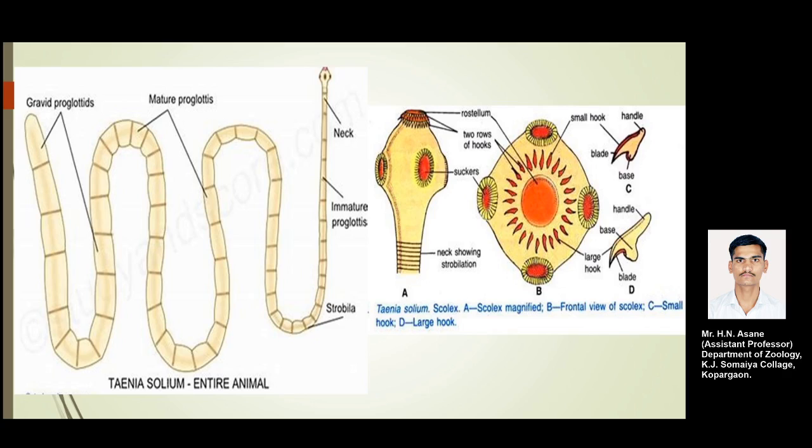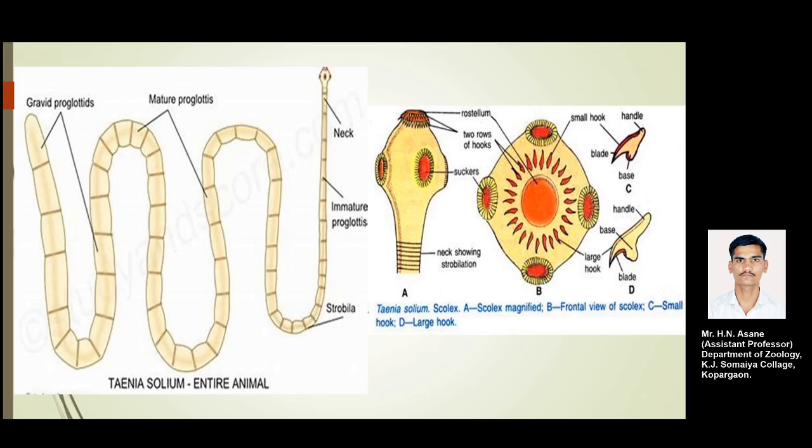It is also called the area of segmentation or proliferation, where the growth of cells happens. New segments, or proglottids, are formed from the neck region by asexual transverse division or the budding process.